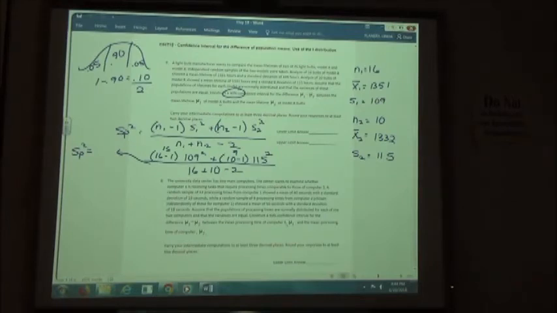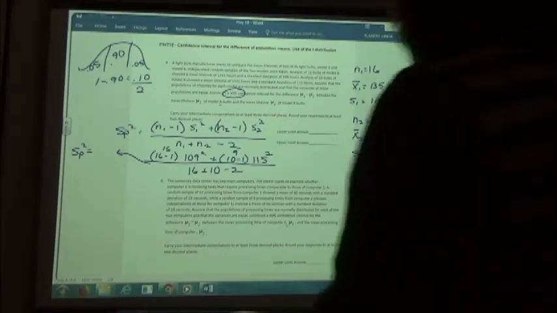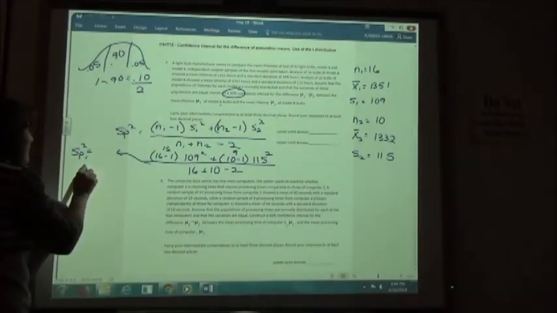Otherwise, you could just put the 9 and just put the 15 and not have to have the parentheses. Highlight over that whole thing, and then divide it by 16 plus 10 minus 2. And it equals. So we get 12,385, right?